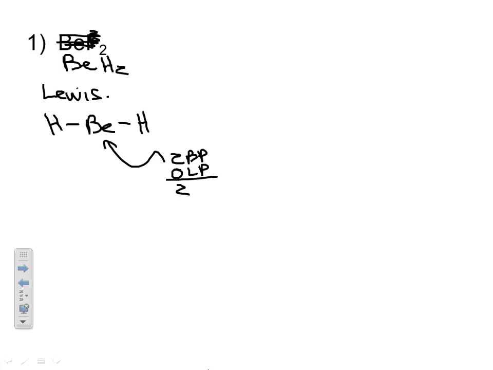So in the end, we only need 2 bonding orbitals to fulfill this. If I only need 2 bonding orbitals, what type of hybridization is needed? I only need 2.